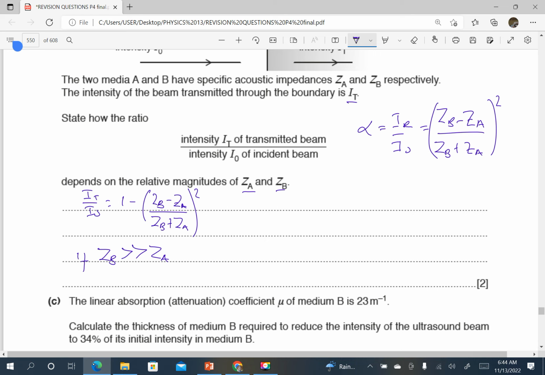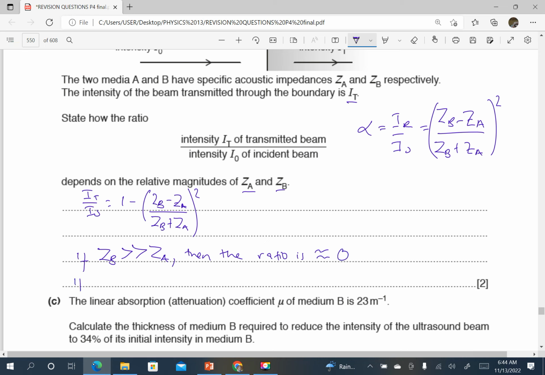So this gives us ZB over ZB, which is 1, squared. Then 1 minus 1 is going to be 0. So the ratio is approximately 0 if ZB is much bigger than ZA.